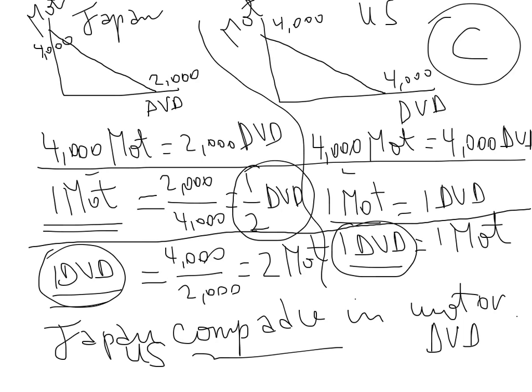Let's do another one that looks a little different. You are going to work on the next two. Let's work on number 4, so I'm going to change the page.